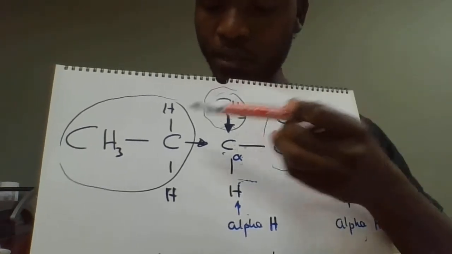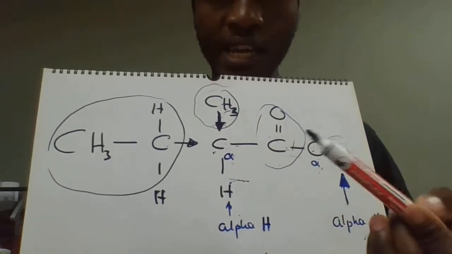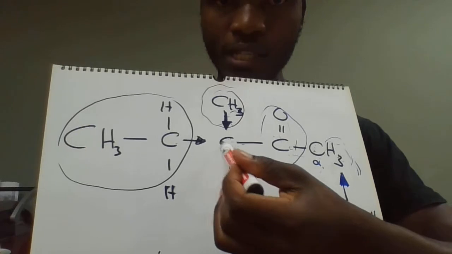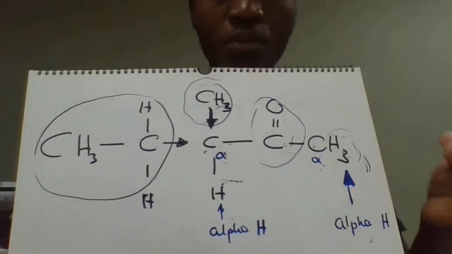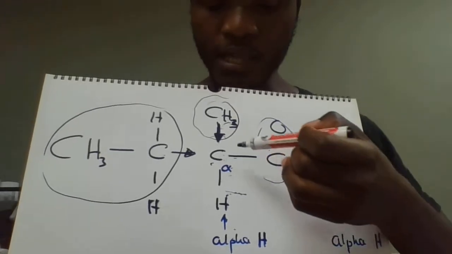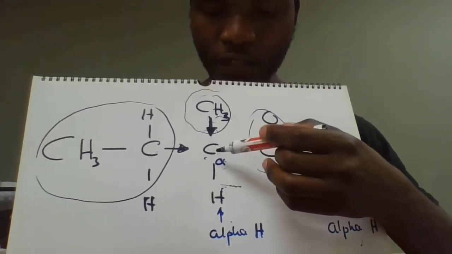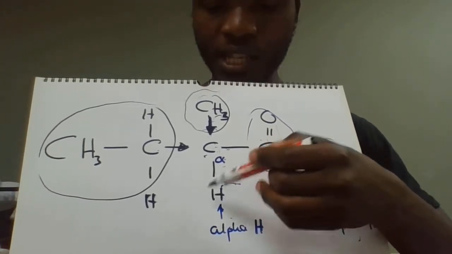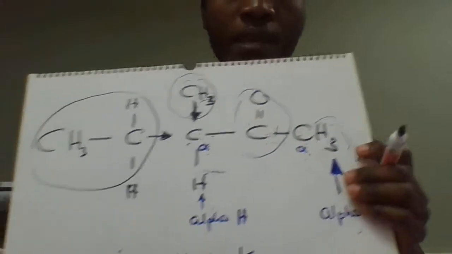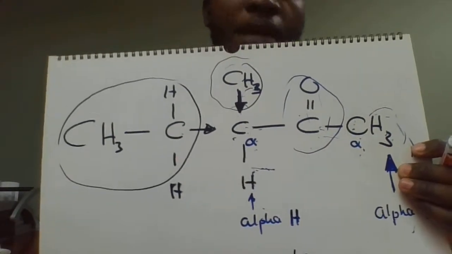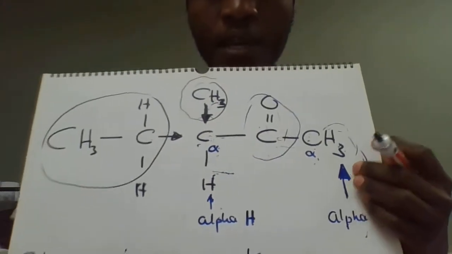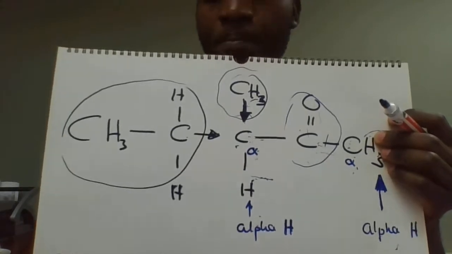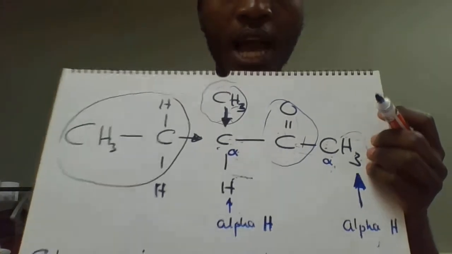These two groups have what is called a positive inductive effect, because electrons can be donated toward this carbon to neutralize that partial positive charge. That nullifies the effect on this hydrogen, so this hydrogen is not easily replaced by any base. It makes this hydrogen a weak acid.